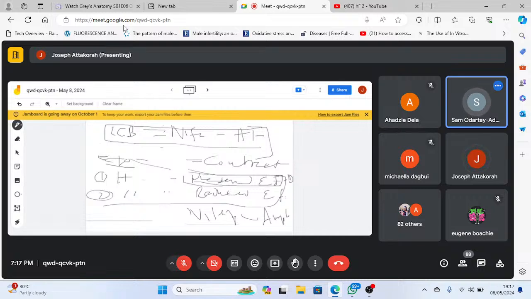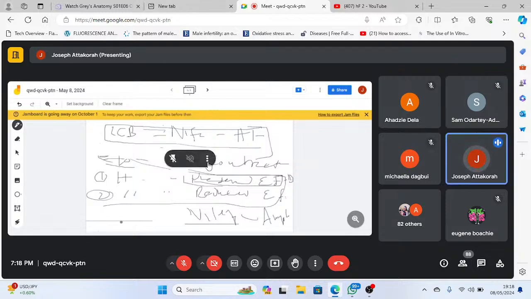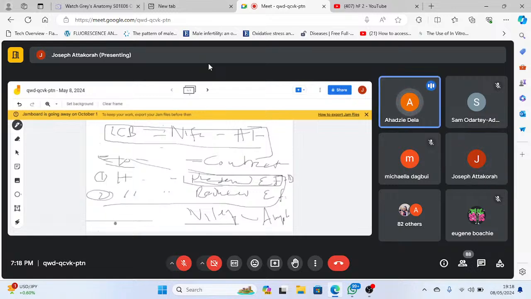Because amlodipine does not exert considerable calcium channel blocking activity on the heart muscle. You said amlodipine does what? It does not exert considerable calcium channel blocking activity on the heart.